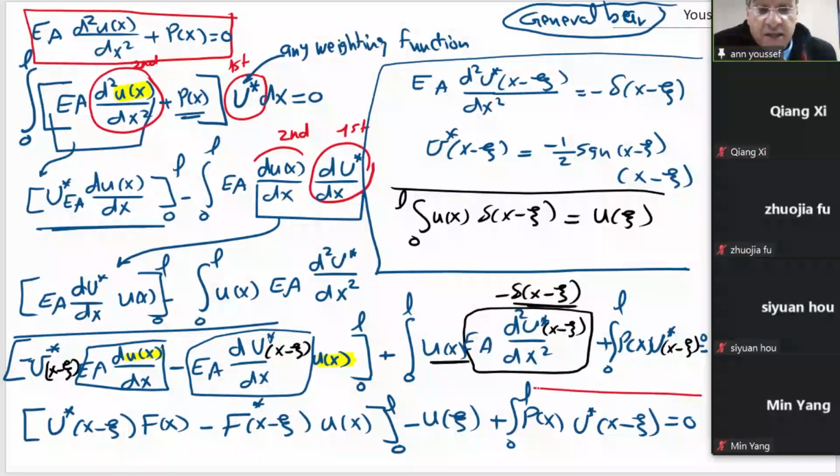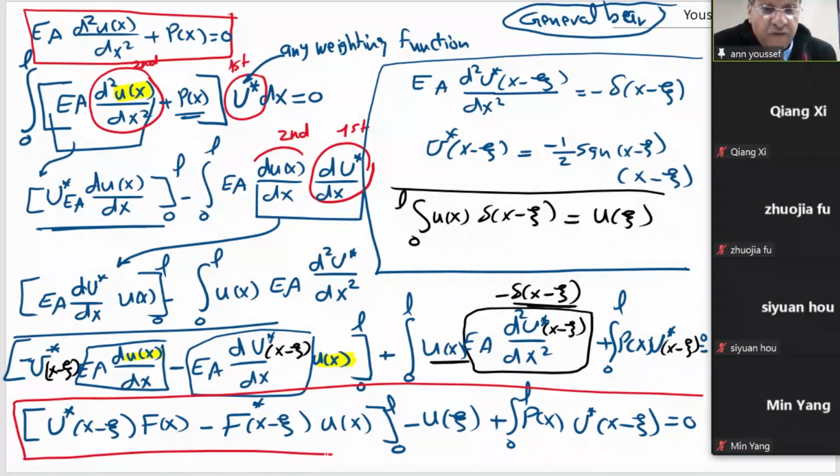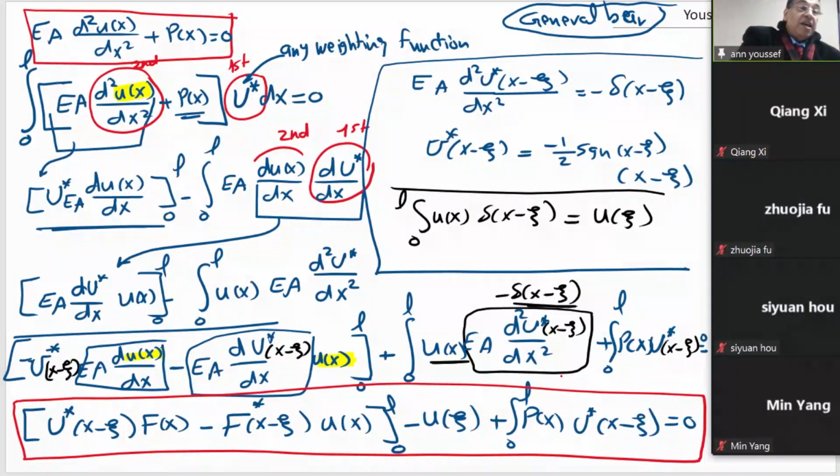Why is it the direct integral equation? Because we don't have phi. You remember from last time, we used to have the integral equation u of x equal u asterisk of x minus xi times phi, and f of x equal sigma f asterisk of x minus xi times phi.